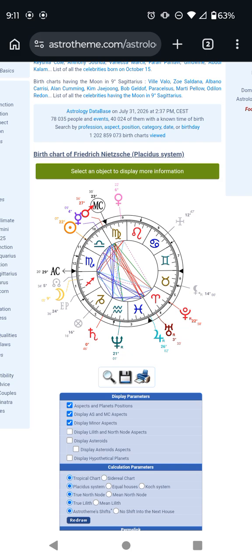So you can't say that this is a yod. You can't say that it's a grand trine. You can't say that it's a grand cross or any of that. You can say that it looks a little hectic, aside from looking highly polarized.